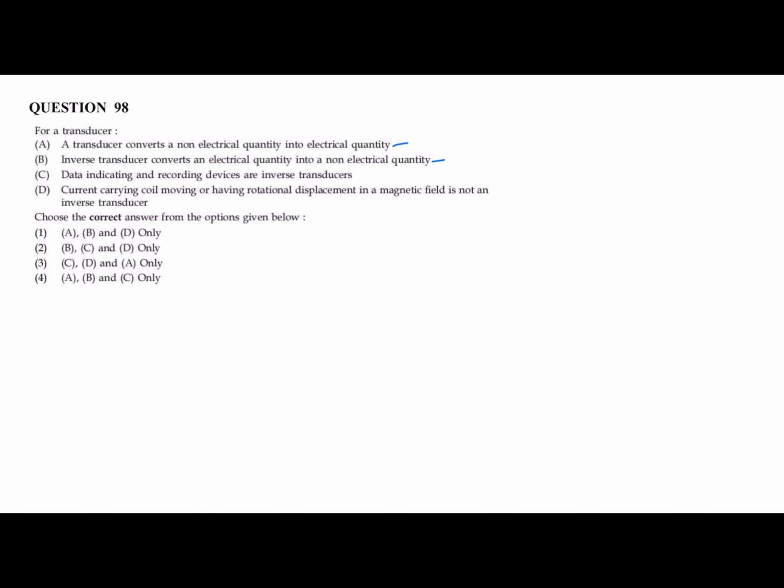It is also correct. So data indicating and recording devices are inverse transducers. Statement C is correct. Current carrying coil or rotational displacement in a magnetic field, it is an inverse transducer. So A, B, C are the correct statements for inverse transducer. Correct option is 4.